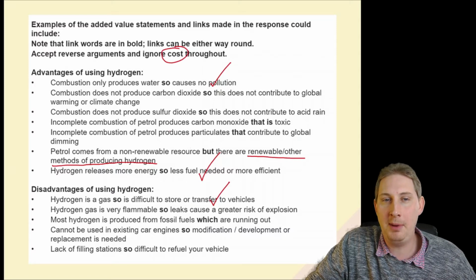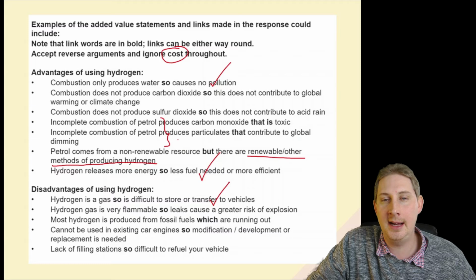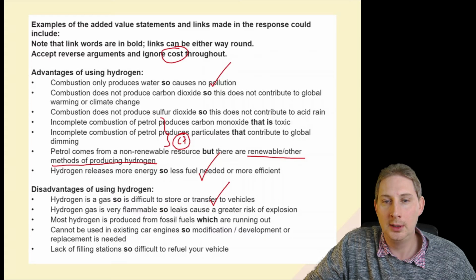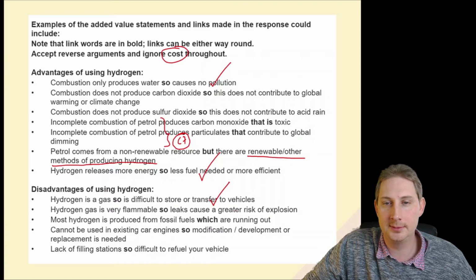You could talk about burning petrol from C7. You know that burning petrol produces carbon monoxide and particulate matter, and that this is harmful. You hopefully know that hydrogen gas is extremely flammable and can cause explosions.